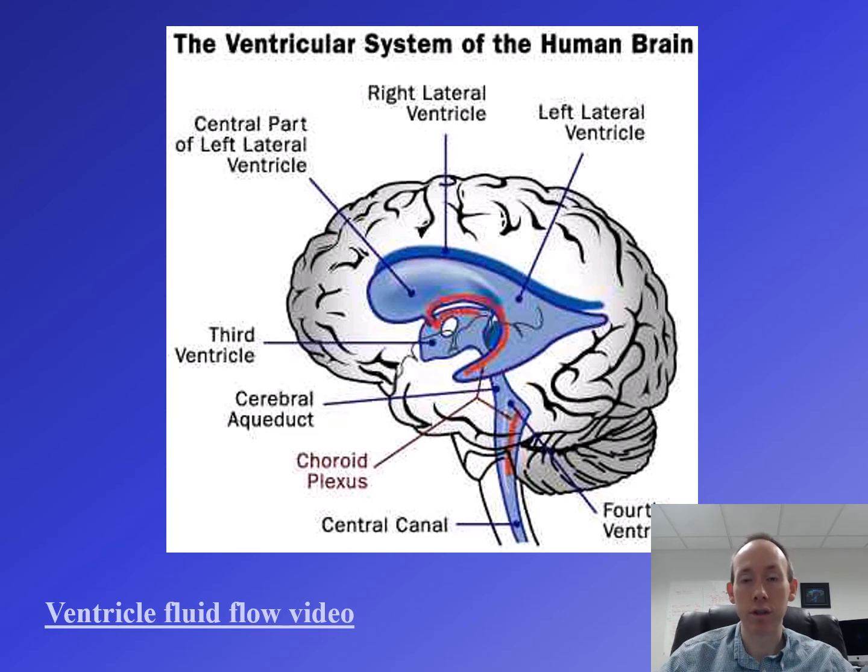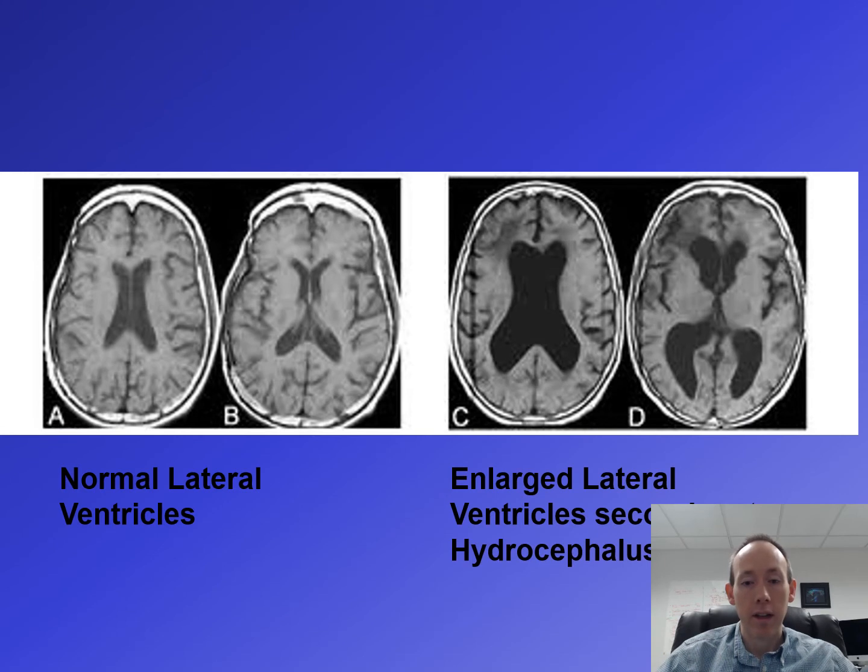So ventricles at their core, whether you're looking at an abnormal brain or a normal brain, can tell us a little bit about what shape the brain might be in overall. So there's something to pay attention to. We'll skip the video, but here's an example. Over here on the left would be what we call normal lateral ventricles, and normal for someone who's a little older.